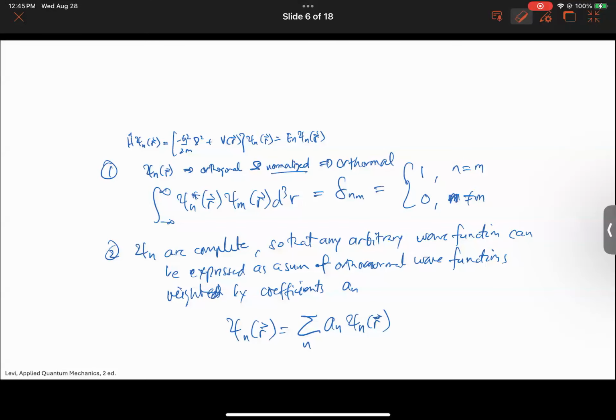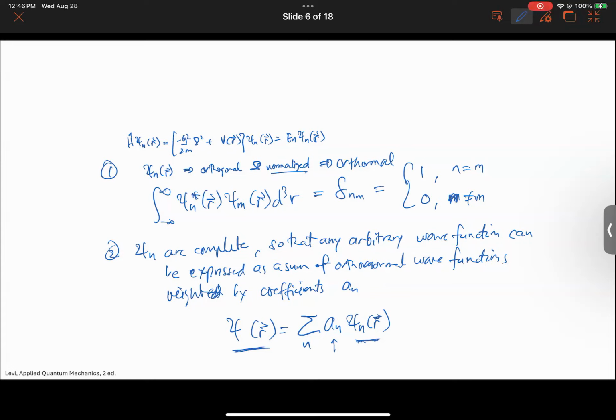Sorry, it's not psi of n. So this is the completeness of the wave function: this is the complete wave function and these are the individual wave functions. So they are a superposition of states; we add all of those wave functions to one another, and each wave function has a weighing coefficient.